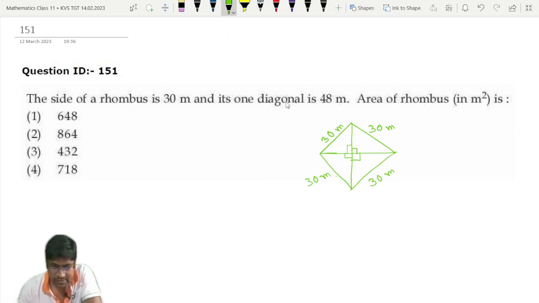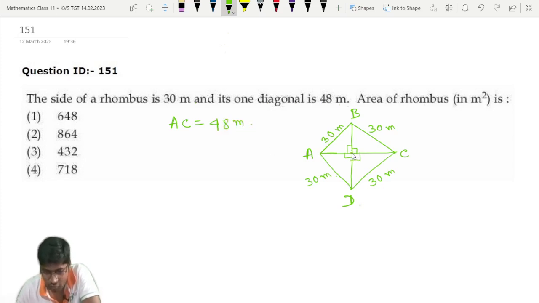So that means if one of the diagonals is 48 meter, let me name the rhombus A, B, C, D. Now let us say AC is equal to 48 meter and they are intersecting at the point O. So if AC is equal to 48 meter, then what will be AO?